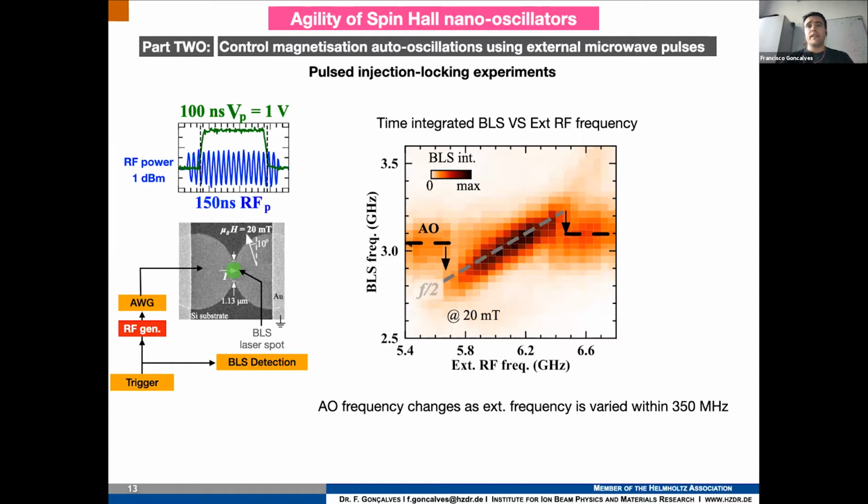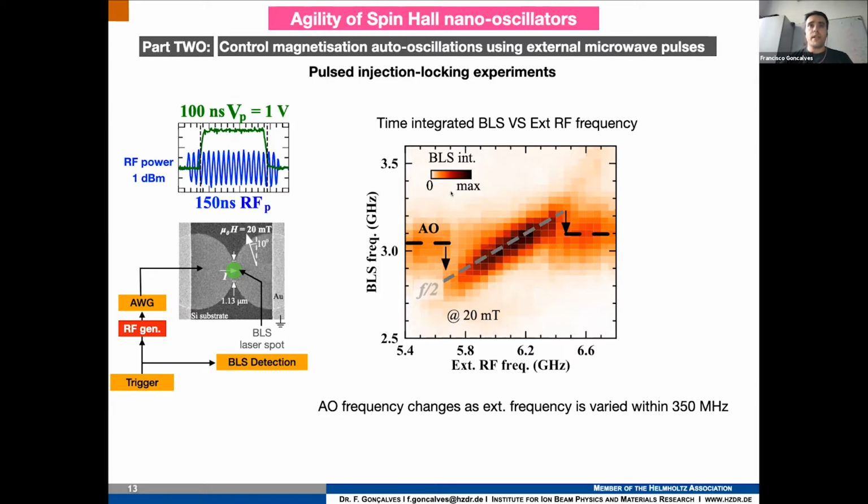What we see is that for low enough external frequencies, the auto-oscillation mode remains constant in frequency, but the moment we reach the injection locking region, the auto-oscillation mode drops in frequency, and then has a linear behavior with increasing external RF frequencies, but then it drops again. This is typically identified as an injection locking range, which we show works also in pulsed operation.